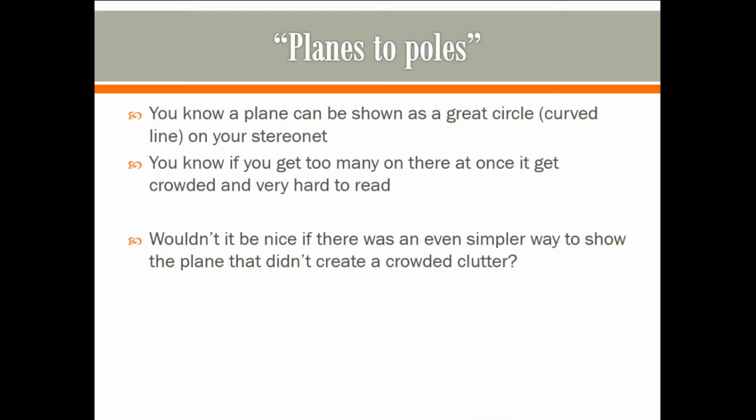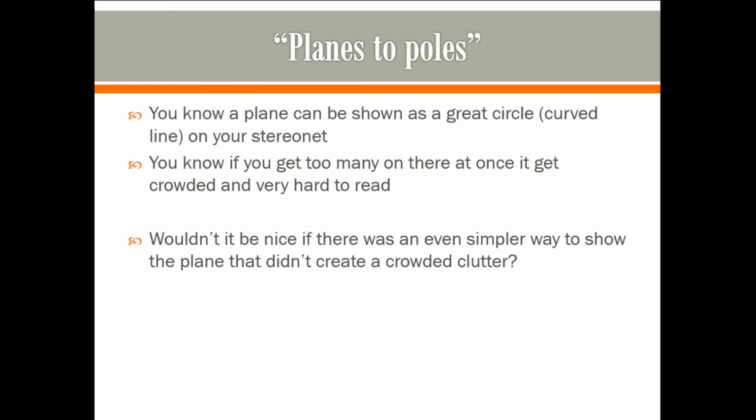So last week, you guys learned that you can show a bedding plane as a curve on a stereo net. So you're taking something in 3D space and turning it into a 2D picture that's just a curve in your circle, and it tells you exactly what the orientation of the plane is and what the dip angle is.